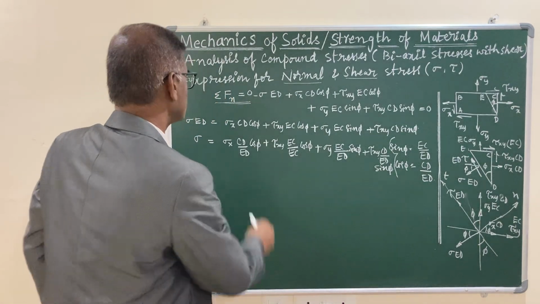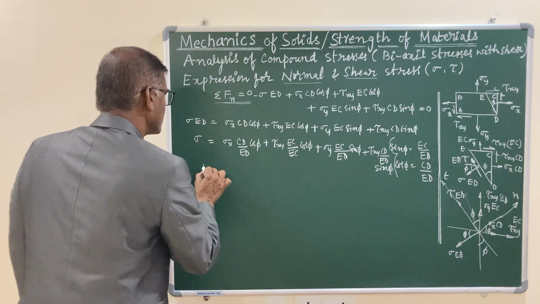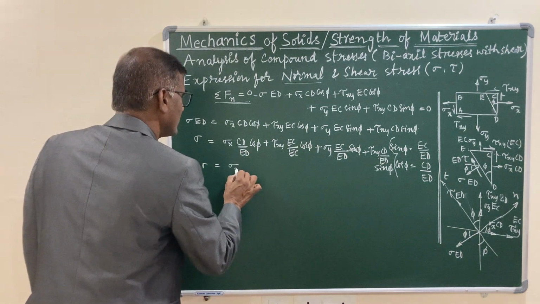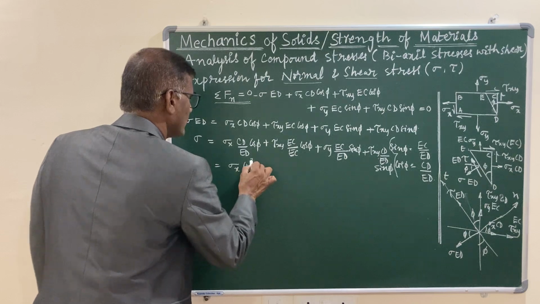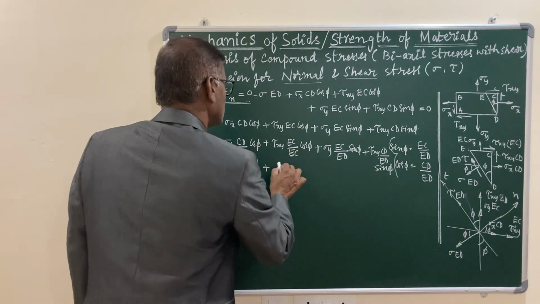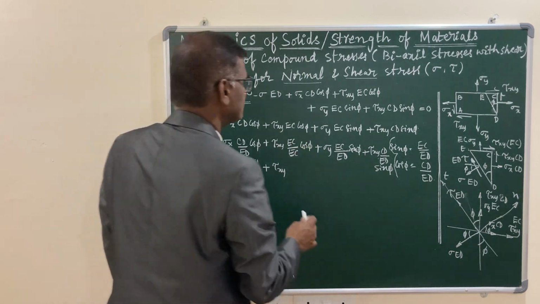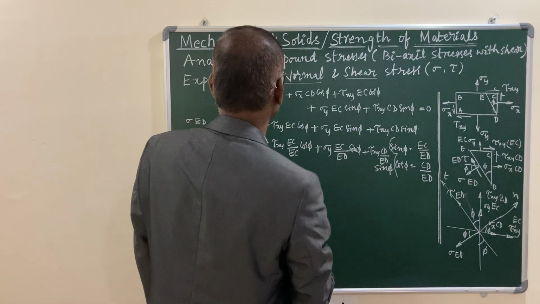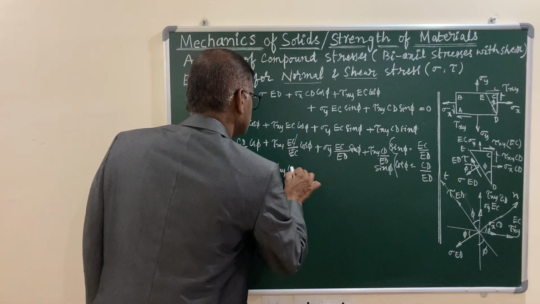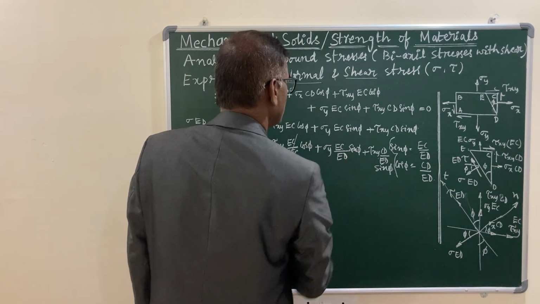Now let us replace CD by ED with cos phi, and you can write down sigma is equal to, already you have one cos phi, this becomes sigma x cos square phi plus tau xy EC by ED, of course this gets cancelled, you have cos phi, plus EC by ED.